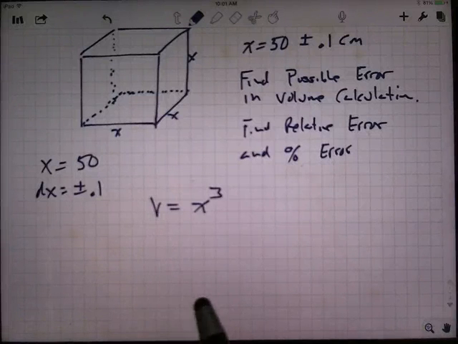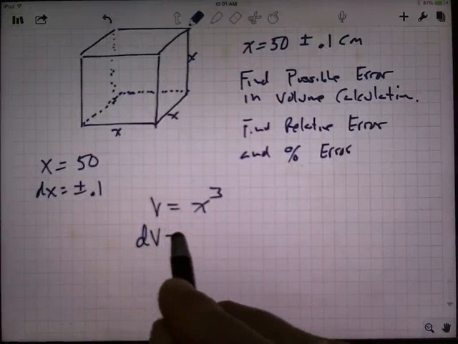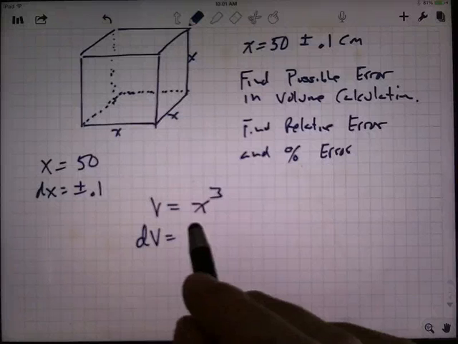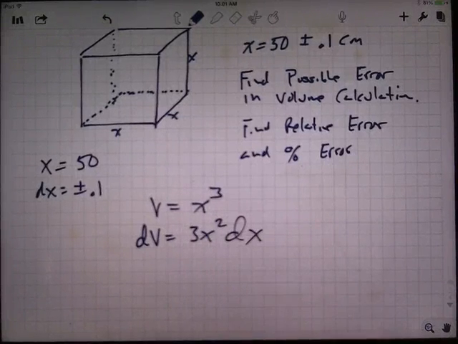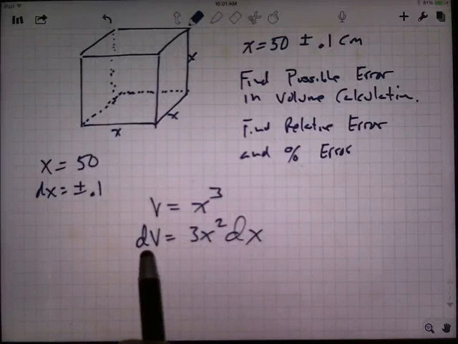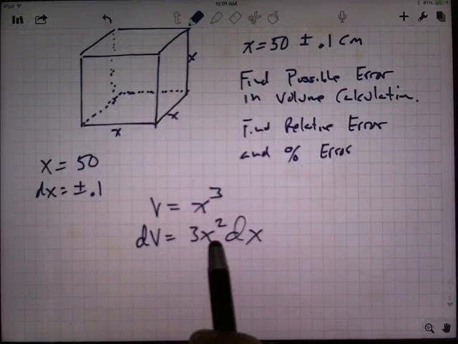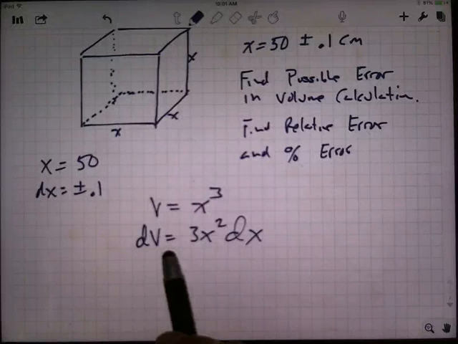Well, that's the whole notion of what these differentials tell you: the change in the volume is the slope, or the derivative, times the change in x. If you want to think of it as dV/dx, the derivative is 3x squared, then just multiply both sides by dx, and the change in the volume is the slope times the change in x.